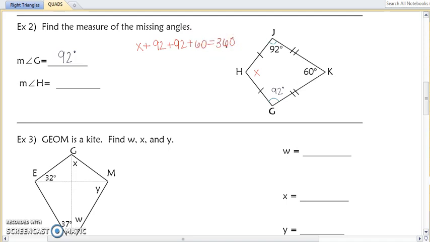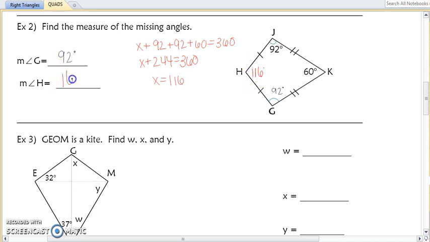We'll continue to solve and simplify that, so add 92 plus 92 plus 60, and we'll get 244. Set it equal to 360, and we'll get a measure of 116. So the measure of angle X must be 116.